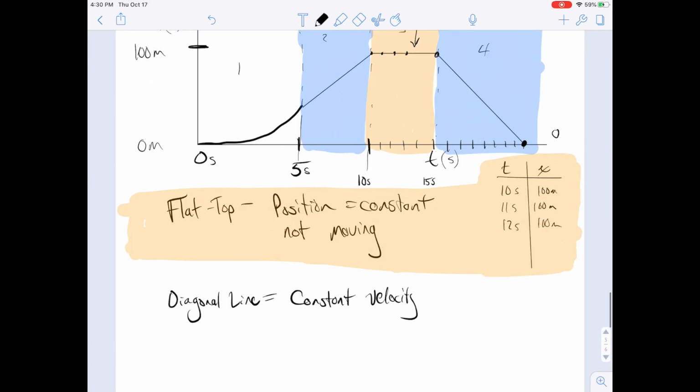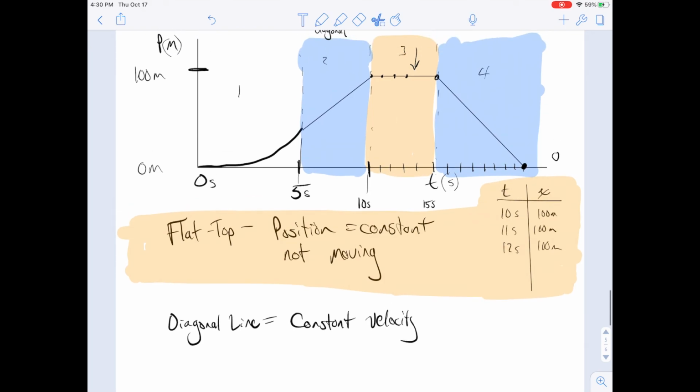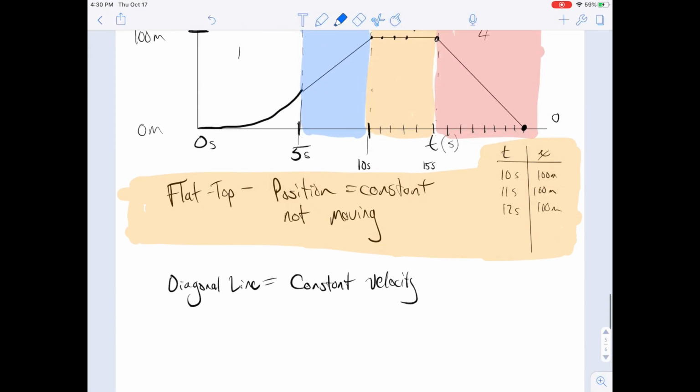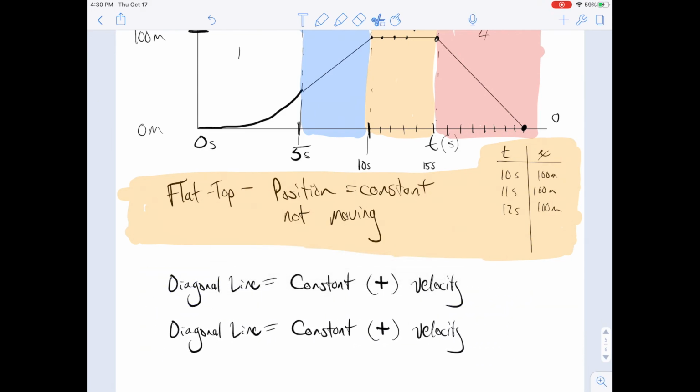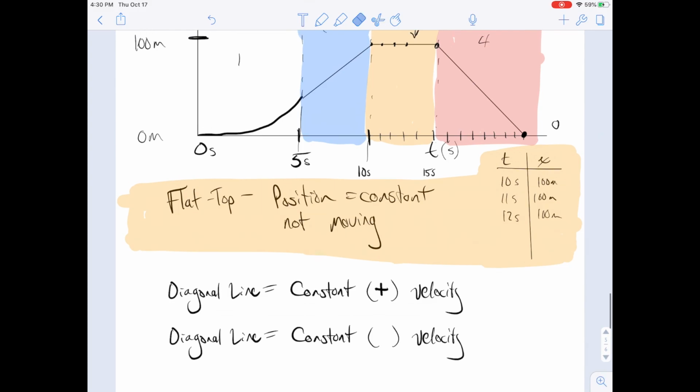That means we're going to have a negative velocity. So you know what? Why don't we just do that? We have a constant positive velocity here, and then the diagonal line in the red case is a constant negative velocity.